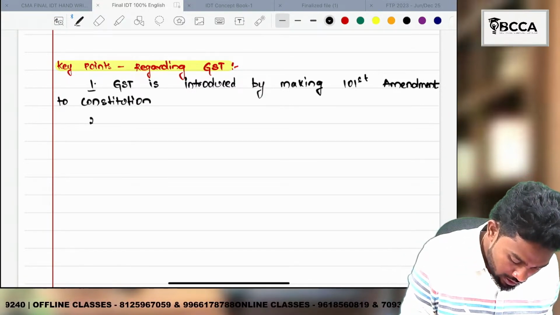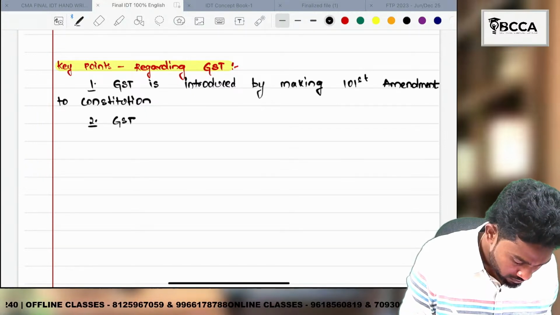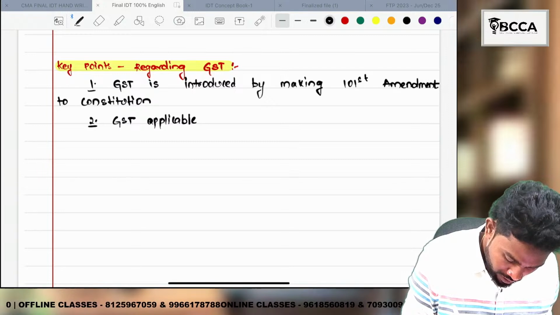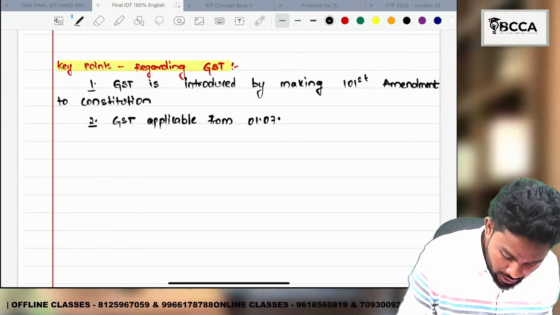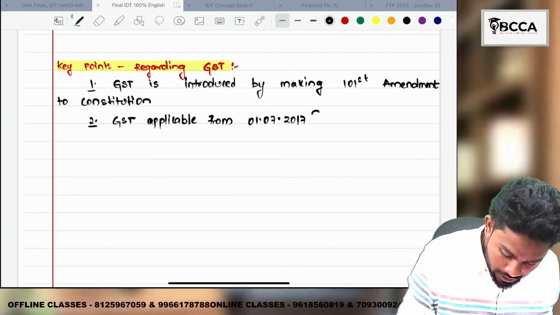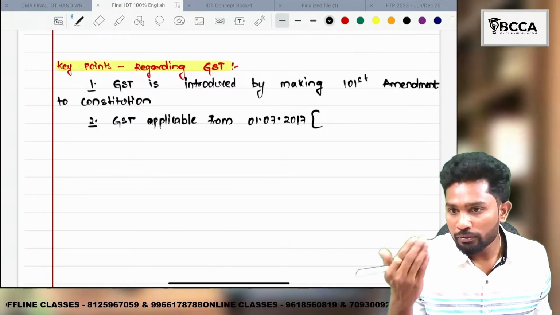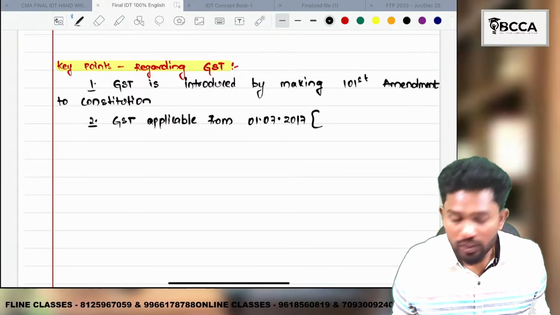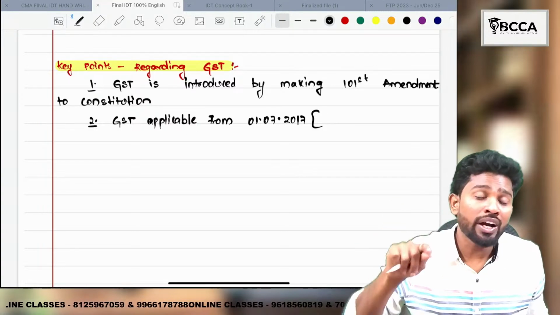Next, second one, GST is applicable from July 1st, 2017. But for Jammu and Kashmir, before, any law, even though it was applicable to whole of India, Jammu and Kashmir state used to have a special privilege.